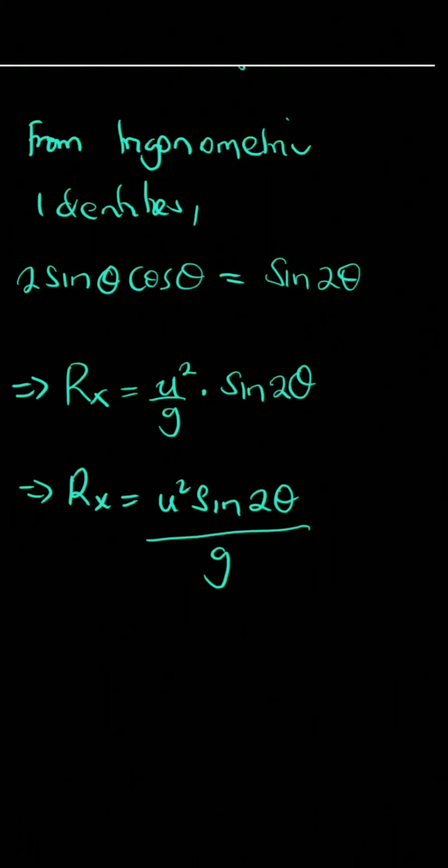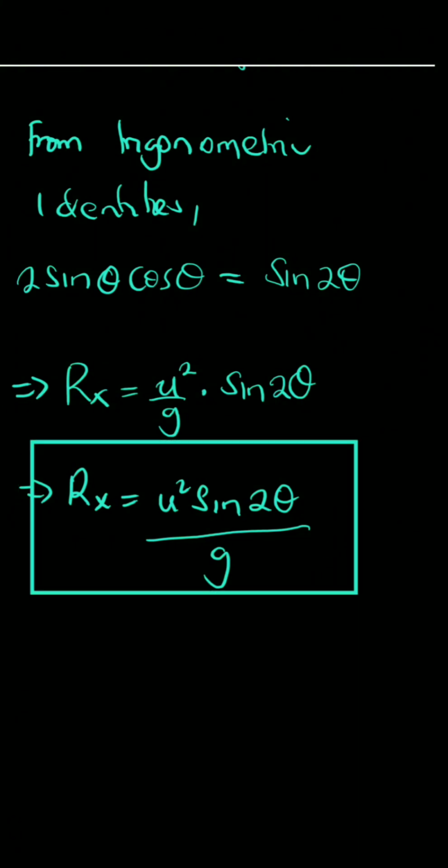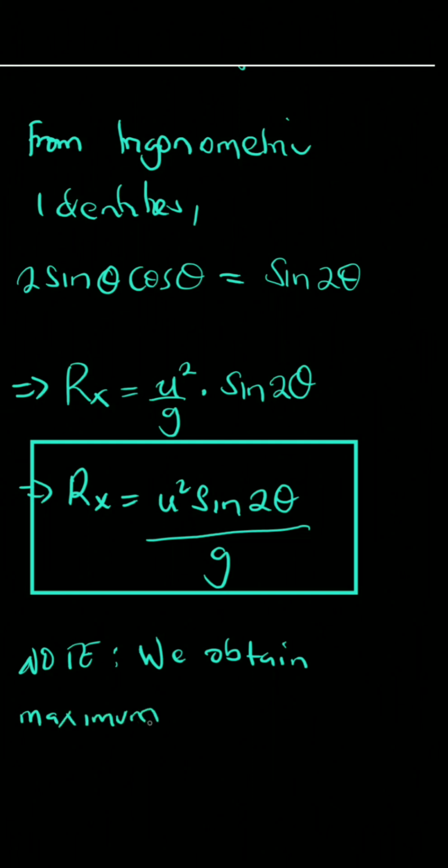So this is how you obtain the horizontal range, the distance from the point of projection to where the trajectory ends on the horizontal axis. Now, in a case where you're asked to find the maximum range, you need to note that the maximum range is obtained where the angle of projection is equal to 45 degrees.